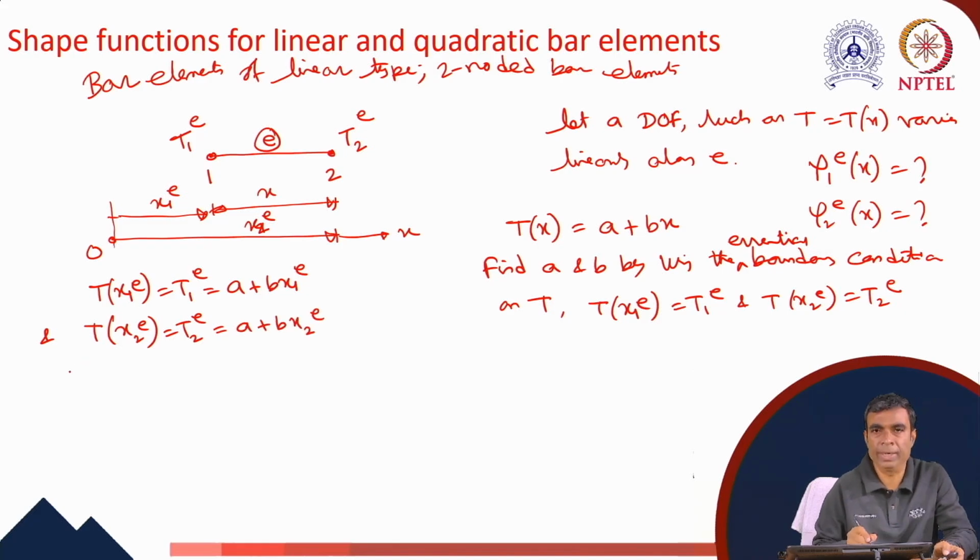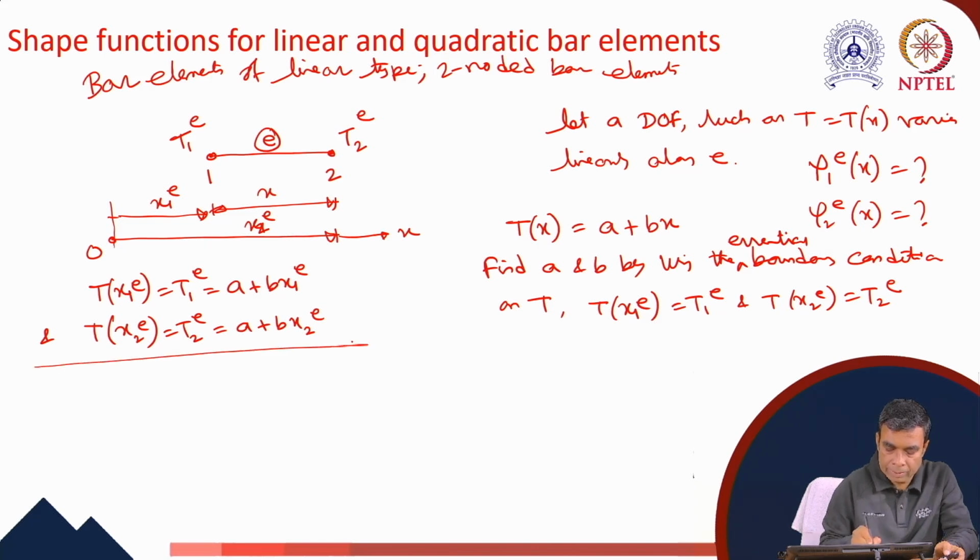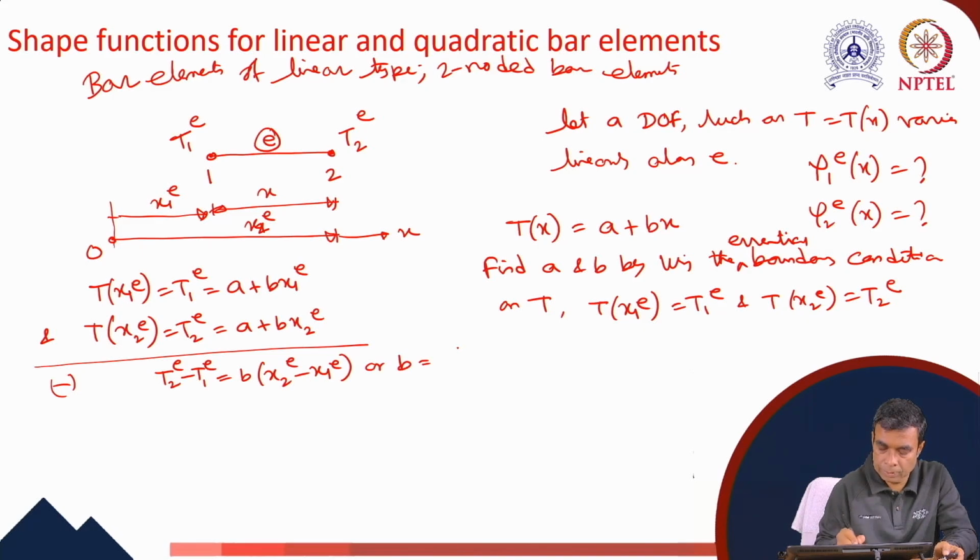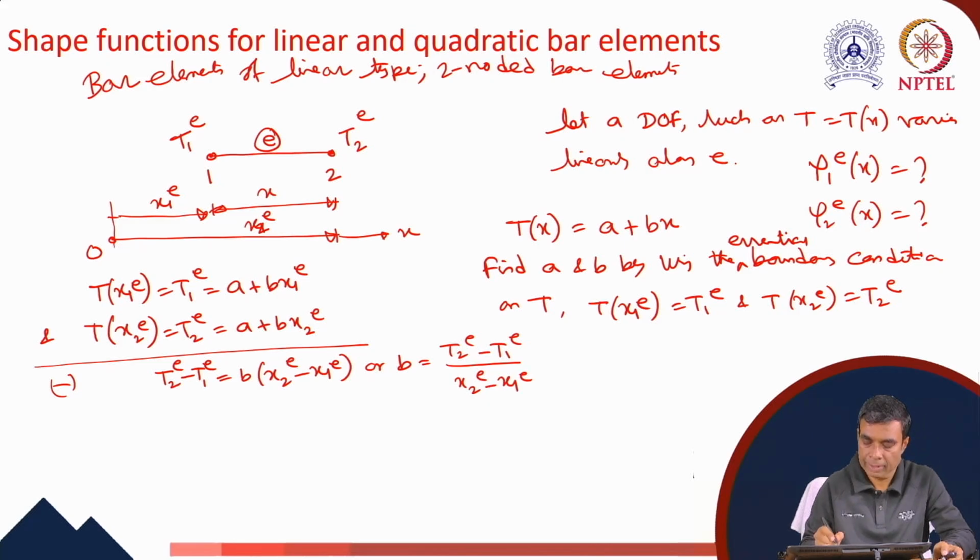From here, we have to find A and B. So subtracting, we get T2e minus T1e equals B into (x2e minus x1e), or B equals (T2e minus T1e) by (x2e minus x1e). Now we can substitute this value into any of these equations and we can find the value of A.